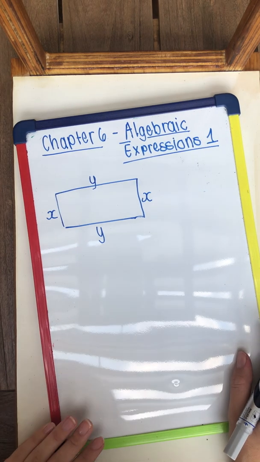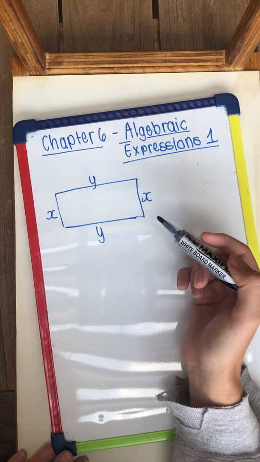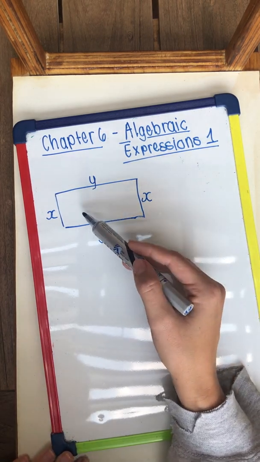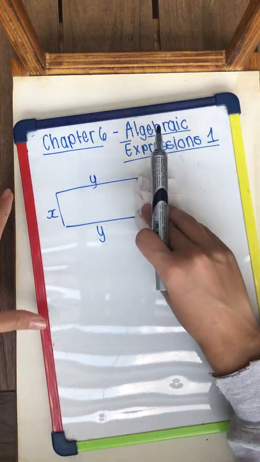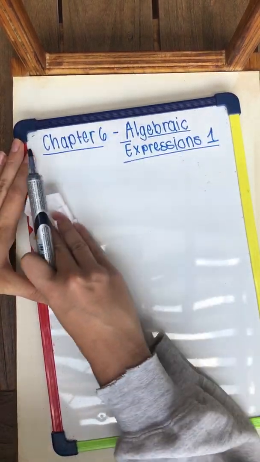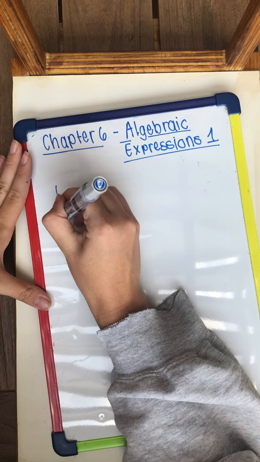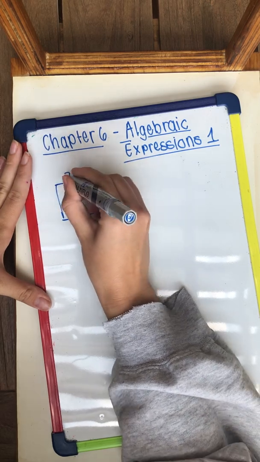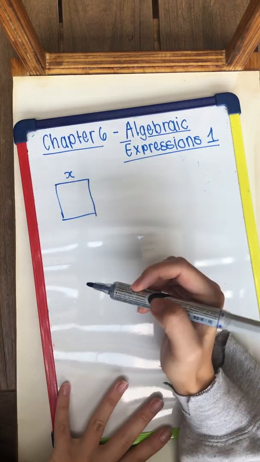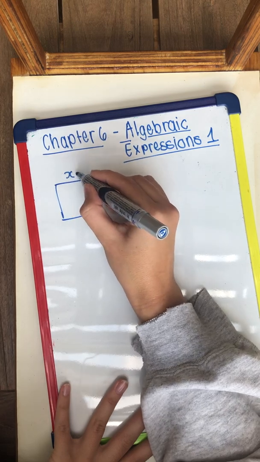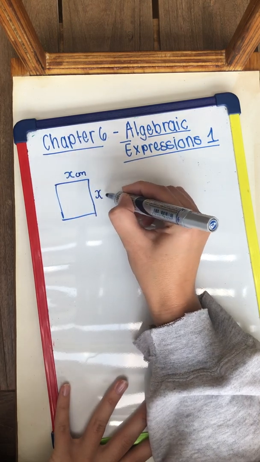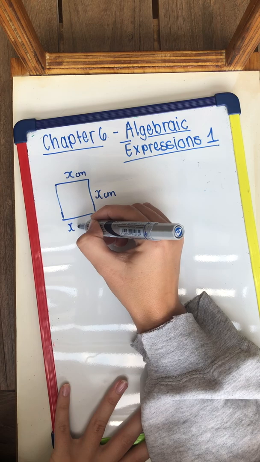Okay, so if I've got a block here, or let's actually make it a square just to make it easier for now. With a square all the sides are equal, so this is X centimeters, this is X centimeters, this is X centimeters, and this is X centimeters.